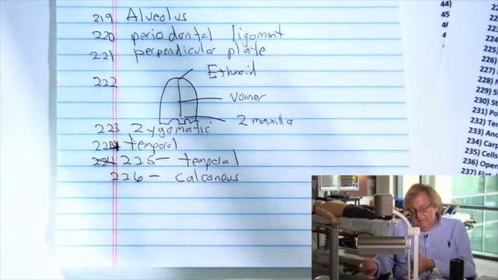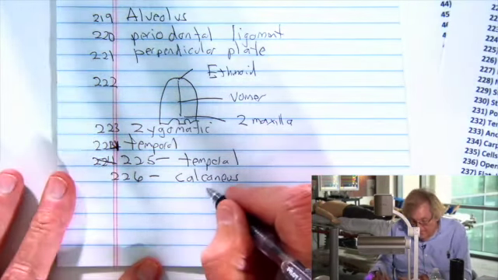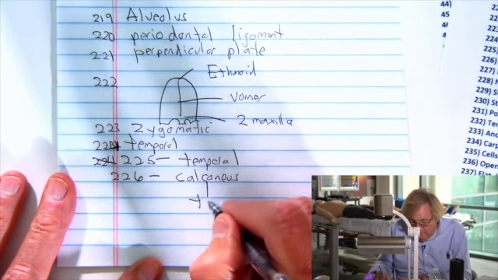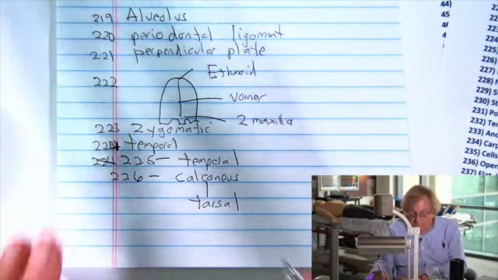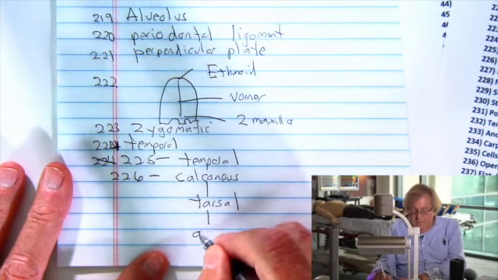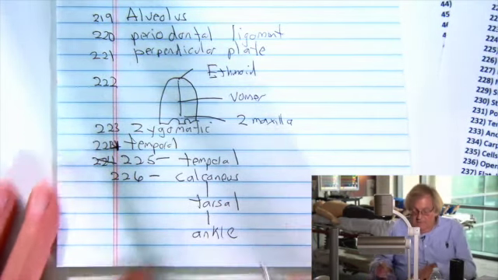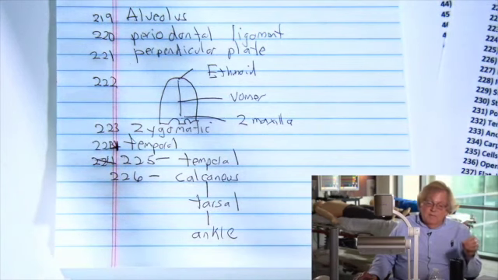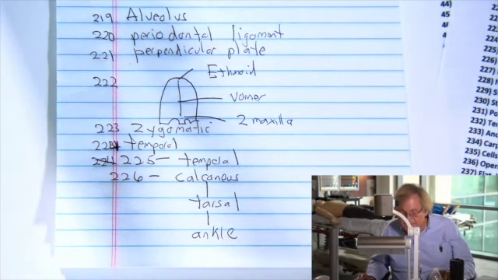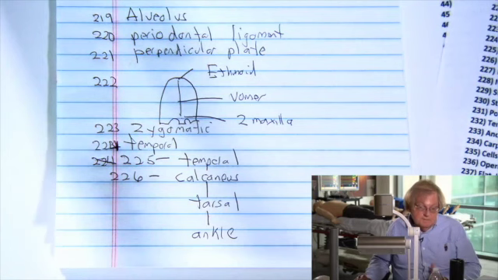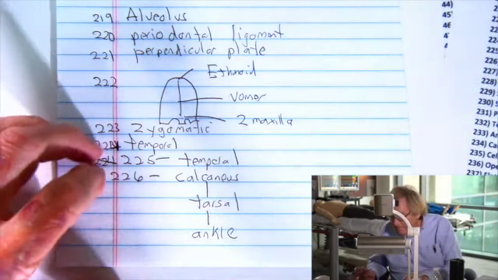Well, the heel is the calcaneus, but it's also a tarsal bone. And because it's a tarsal bone, it means it's also an ankle bone. So just think tarsal bone, ankle bone, calcaneus, and of course that's going to be the attachment of the Achilles tendon for those muscles of the gastrocnemius, soleus, plantaris, tibialis posterior.